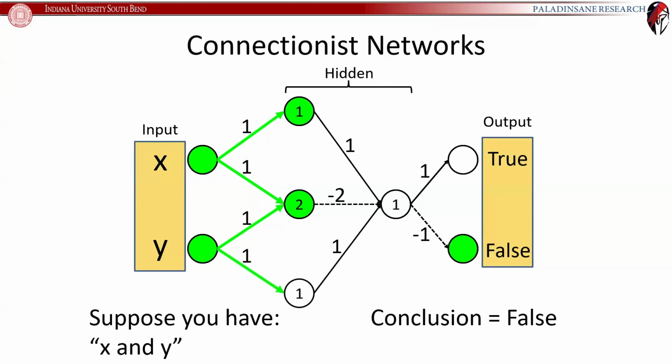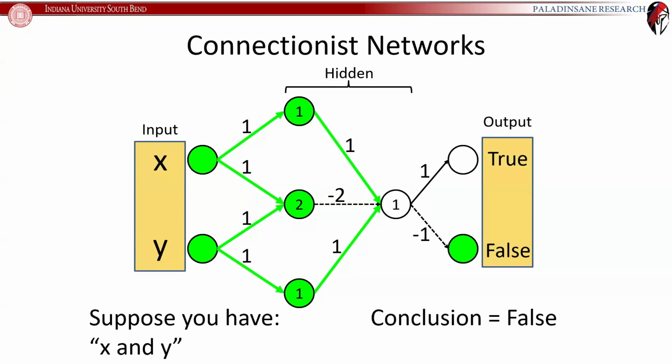The Y also sends an activation of 1 to this bottom node over here. So now let's start back at that top node in the hidden layer. Activated, it sends its activation down to the next node that it's connected to. That bottom node, activated, sends its connection down to the node that it's connected to. So now that node has an activation of 2, more than it needs to fire.